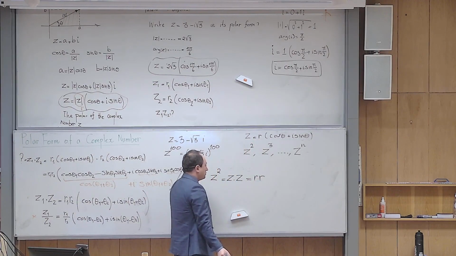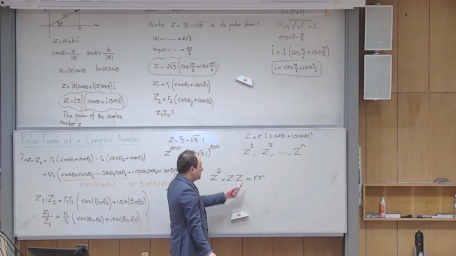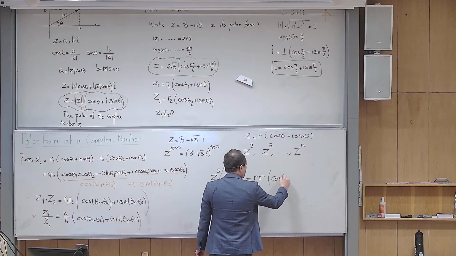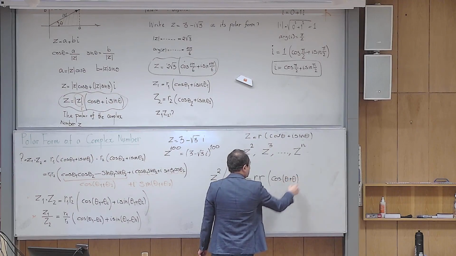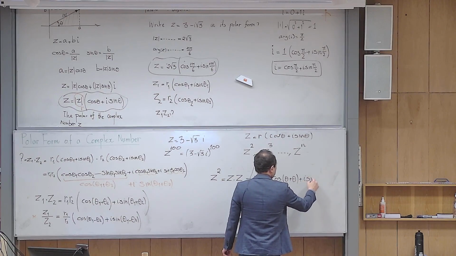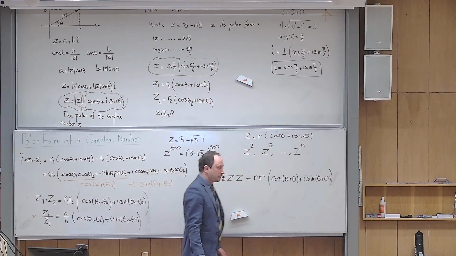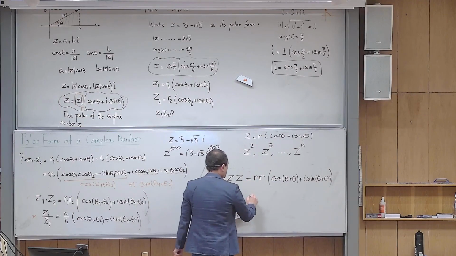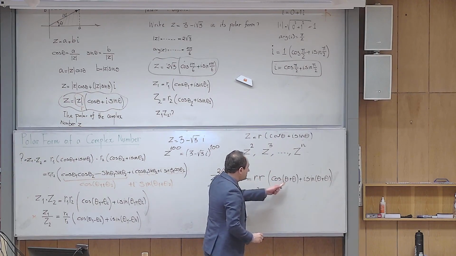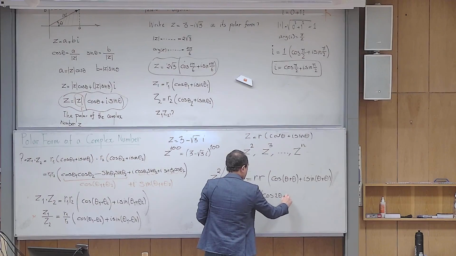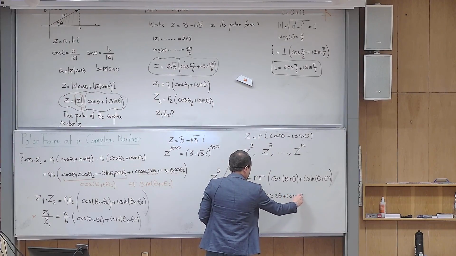Because here there is no R1, there is no R2, both of them are the same number R, and then I have to add the angles. But what are the angles? Both of them are the same. Yes? But then R times R is R squared. But then theta plus theta, no one writes theta plus theta because people can simply write what? Cosine of 2 theta plus I sine of 2 theta. Yes?